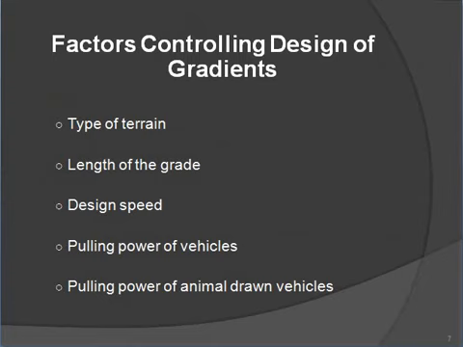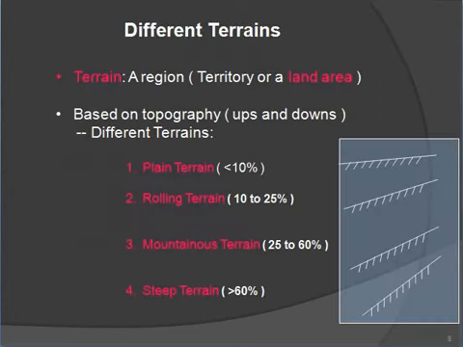And what are the factors controlling the design of gradients? Let us see: type of terrain, length of the grade, design speed, pulling power of vehicles, pulling power of animal drawn vehicles. First, terrain: a region, territory or land area based on topography, ups and downs, different terrains.